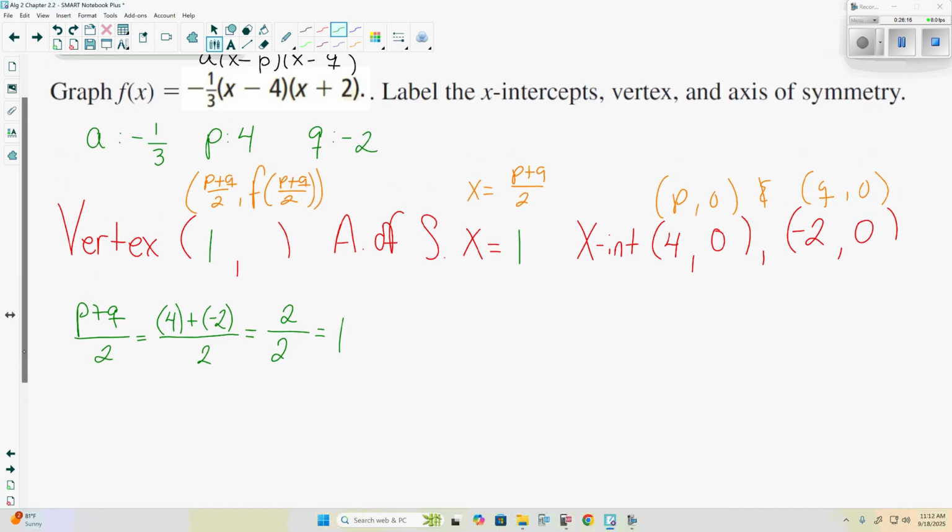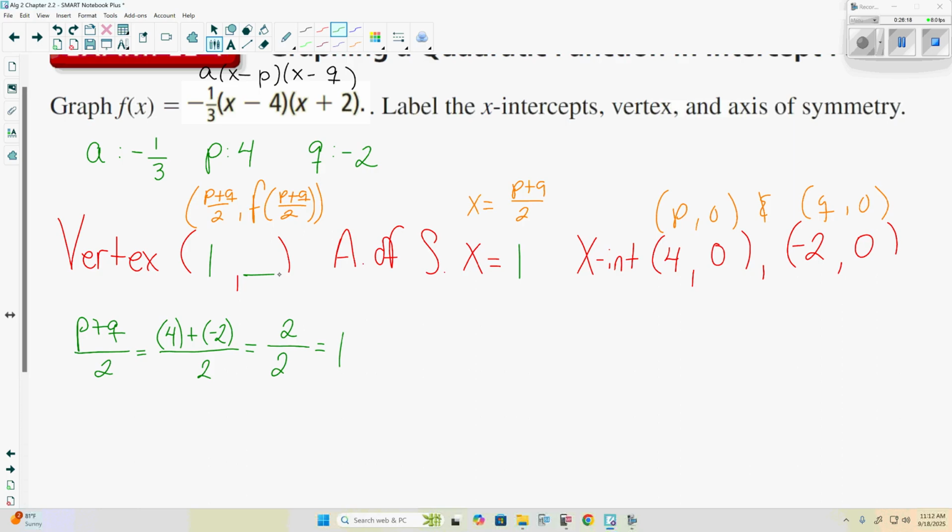Now the last thing to do is to find what? The y value of the vertex, yes? Which means we take this value of 1 and plug it into the function. So our f of 1 would be negative 1/3 times (1 minus 4) times (1 plus 2).